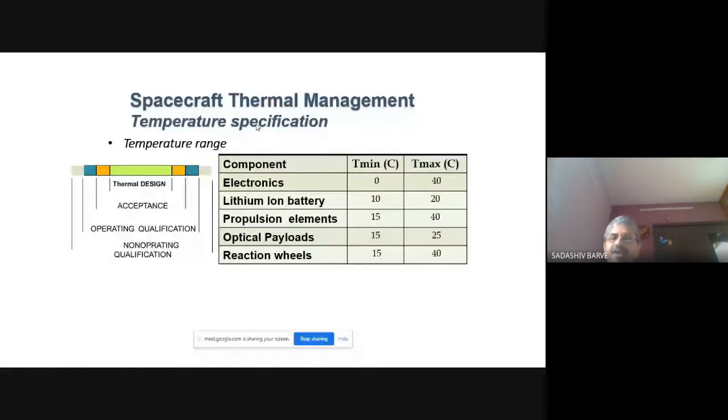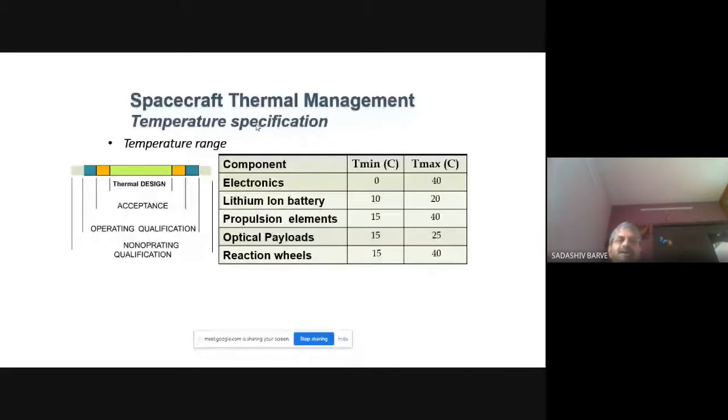Propulsion elements we need to maintain in the range of 15 to 40, while optical payloads, which I was referring to earlier, some of the cameras on board, need to be maintained in the range of 15 to 25, while the reaction wheels, which control the satellite attitude, need to be maintained in the range of 15 to 40.